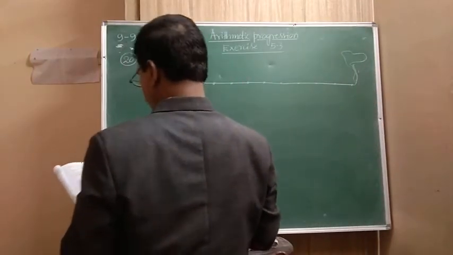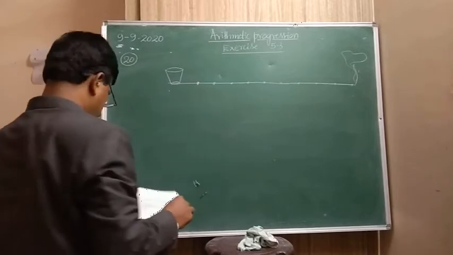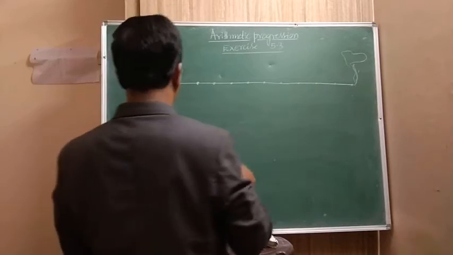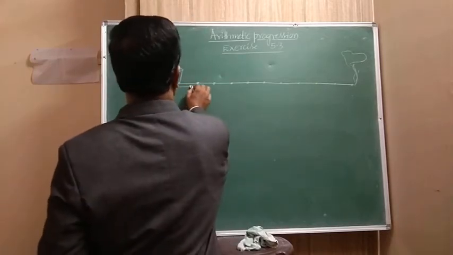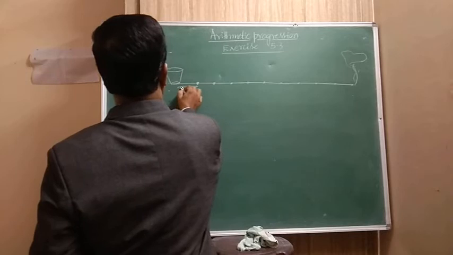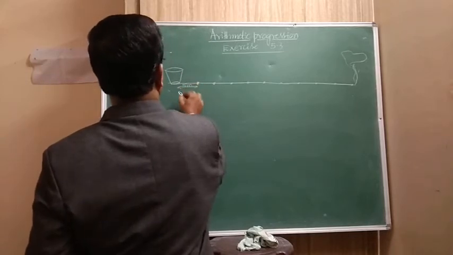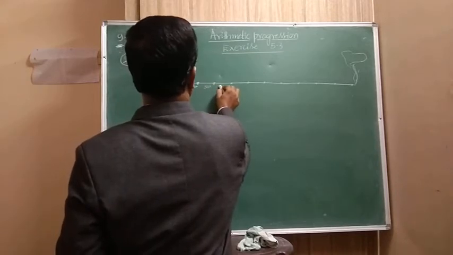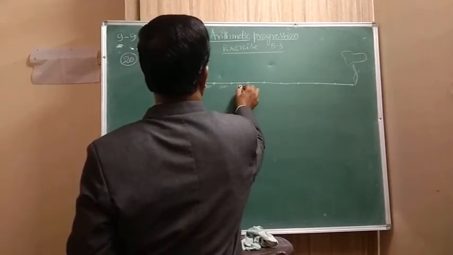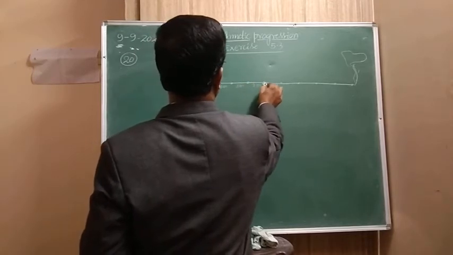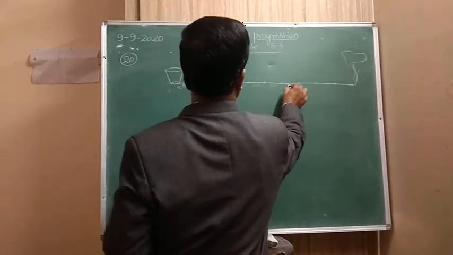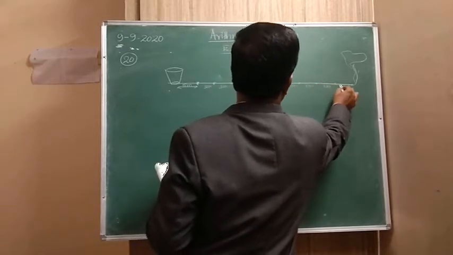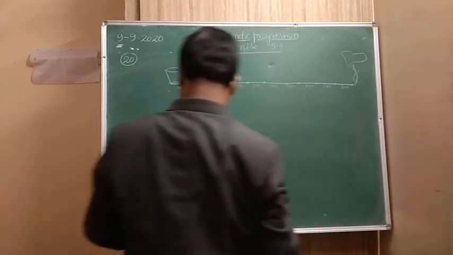Now here is the bucket. Here the first potato, from here to here, is 5 meters, and each potato distance is 3 meters, 3 meters, and so on.